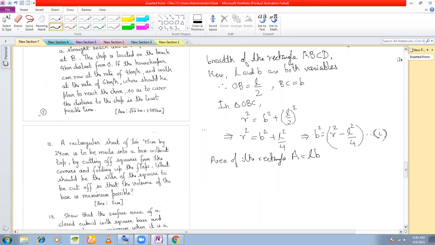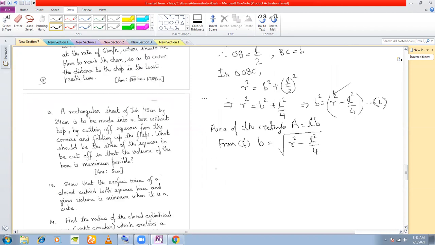Either everything in L or everything in B. So we take the help of 1. So from 1, B is equal to square root of R square minus L square by 4, isn't it? So therefore area now becomes a single variable. Let us call this 2.